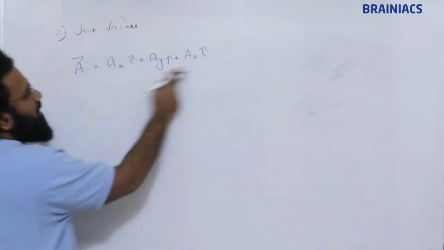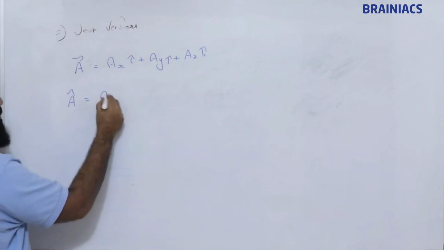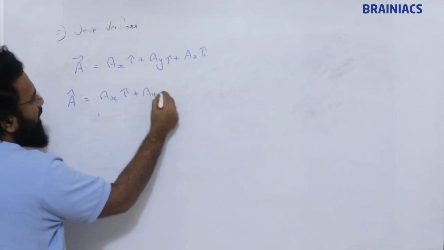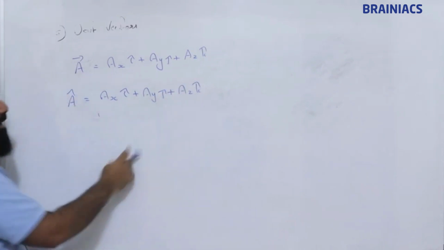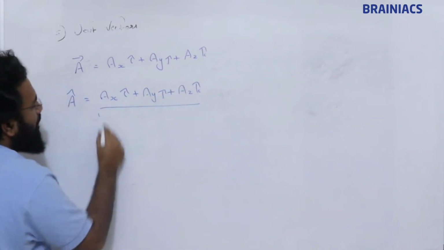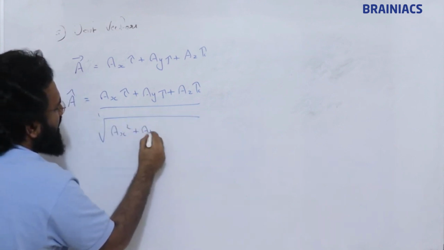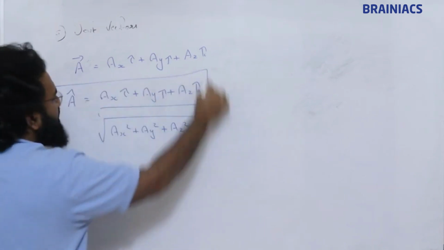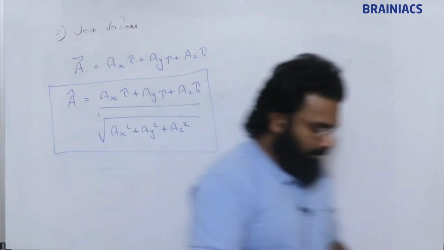These are the components in the x, y, z directions. Now if we need to find the unit vector, what should we do? Simply write the vector as such, Ax i plus Ay j plus Az k, divided by root of Ax square plus Ay square plus Az square. So this is the general formula for finding the unit vector. Okay, clear?